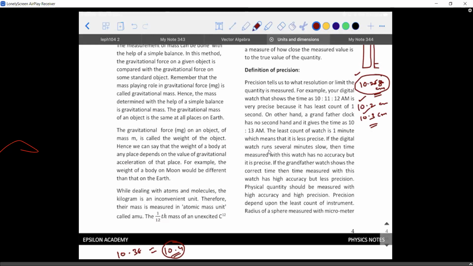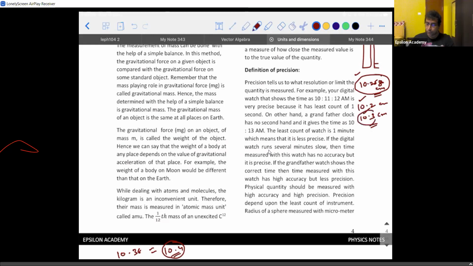In this case, the person who approximated to 10.3 will be more accurate because the exact value is 10.25. Maybe he used the microscope to check whether that line, I told you, is between two lines. If it is exactly at the center, you can approximate it to 10.25. If it is slightly closer to the line below, then you will approximate it to 10.